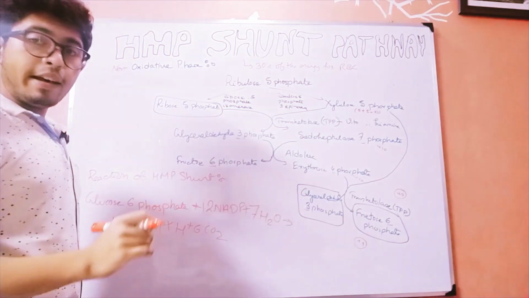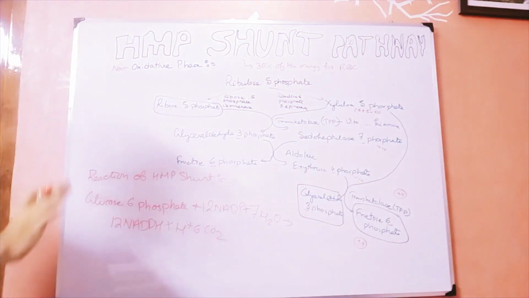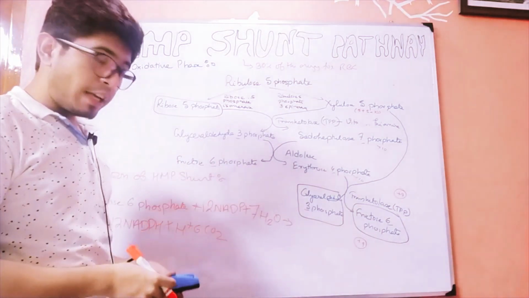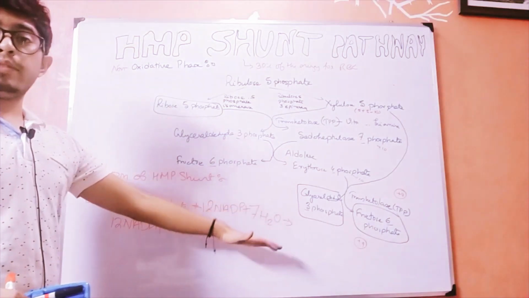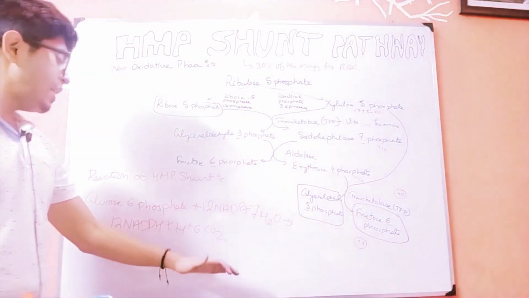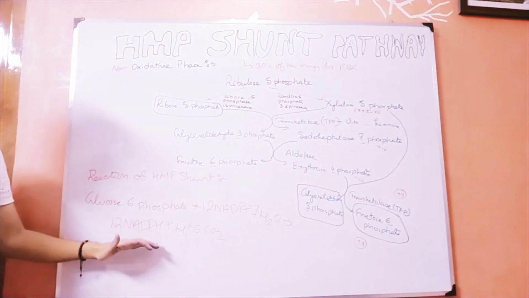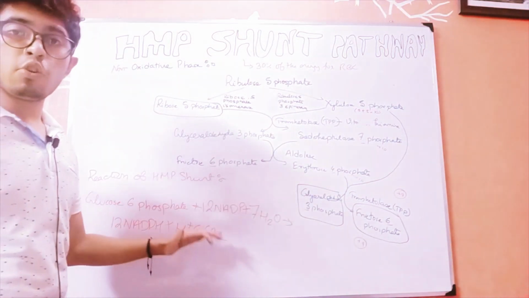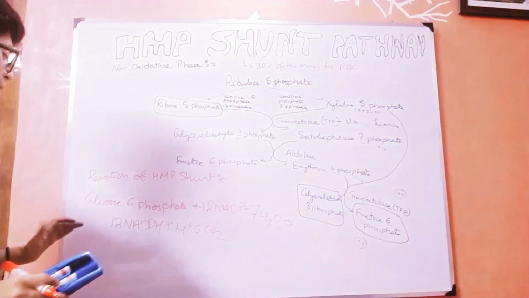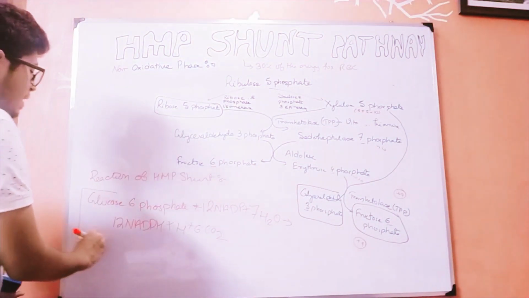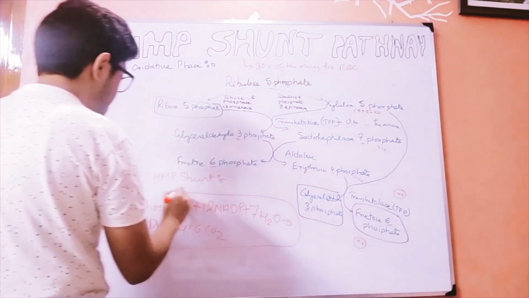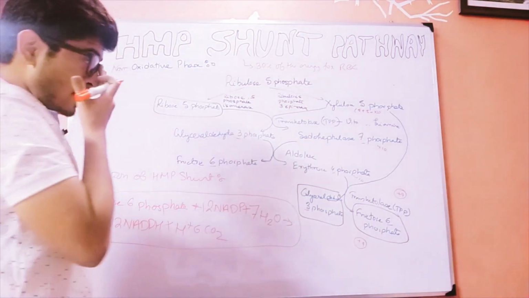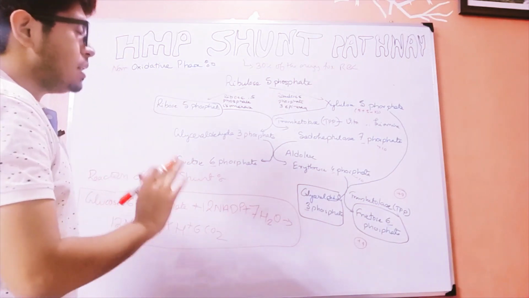Here we are giving glucose 6-phosphate, which is being acted upon by 12 NADP molecules, which will react with 7 molecules of water and finally will give 12 molecules of NADPH, H plus and CO2. So this is the reaction for the entire process of the HMP shunt pathway.